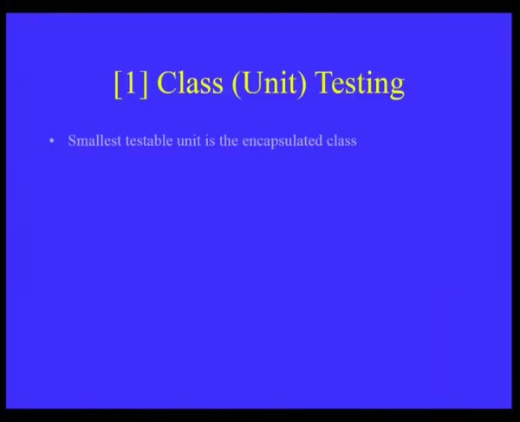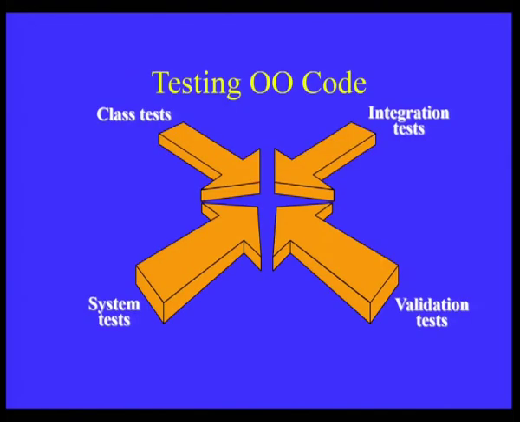Have you tested your analysis and design? If not, who will do it? So, testing OO code implies all of them coming together: class tests, system tests, validation tests, integration tests. Minimum these 4 varieties of tests must converge on a given OO code.